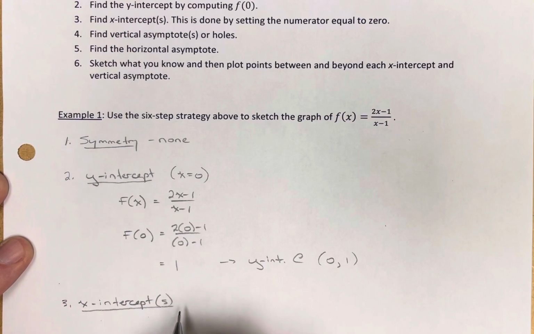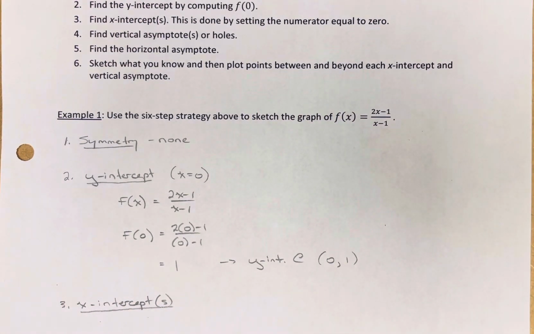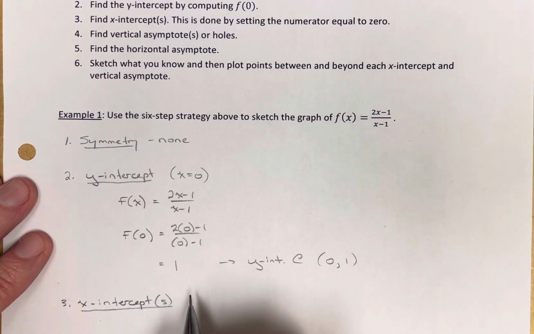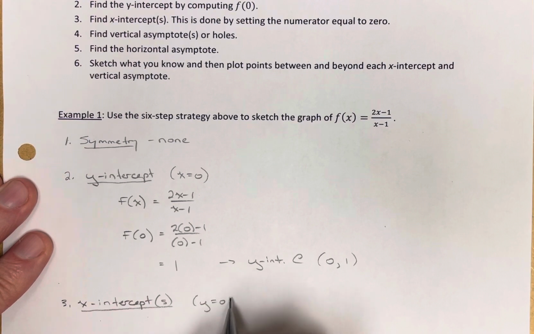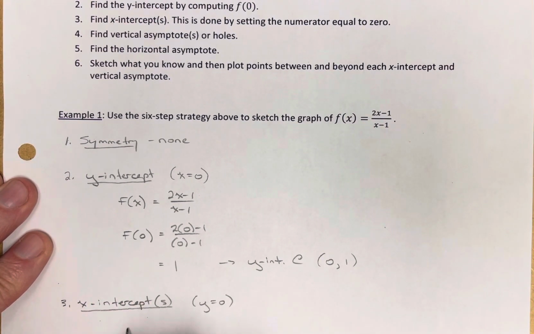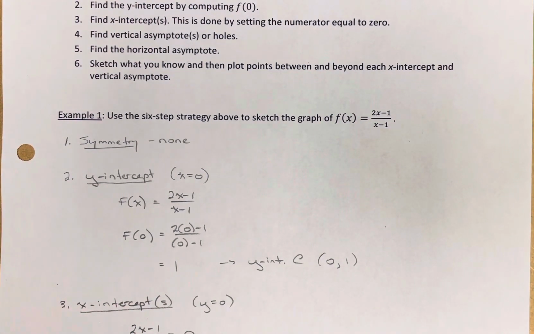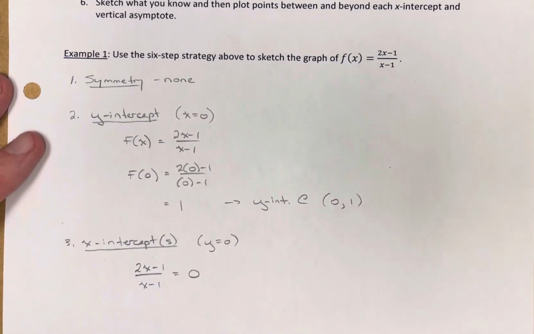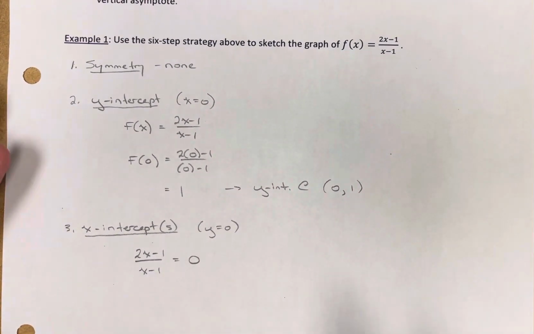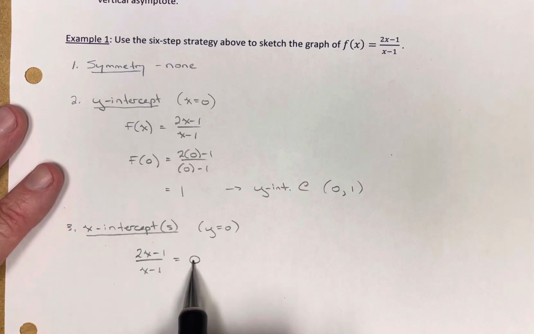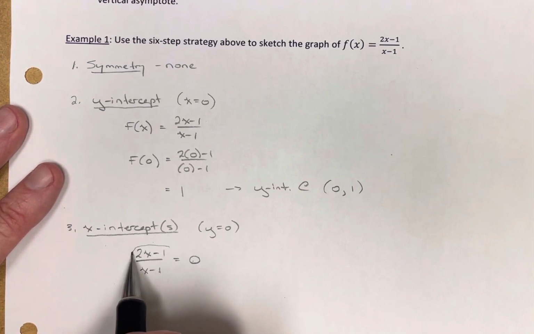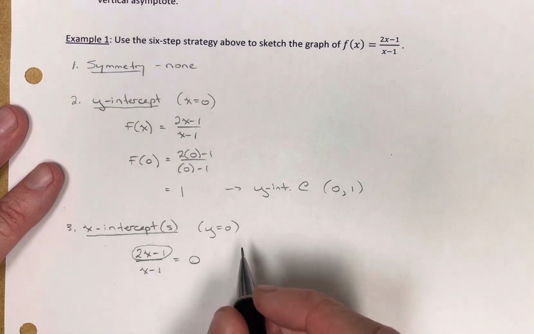Step 3, how about x-intercepts? This is when y is 0. So we want our function, 2x minus 1 over x minus 1, to be 0. The only way a fraction is equal to 0 is if the numerator is equal to 0.